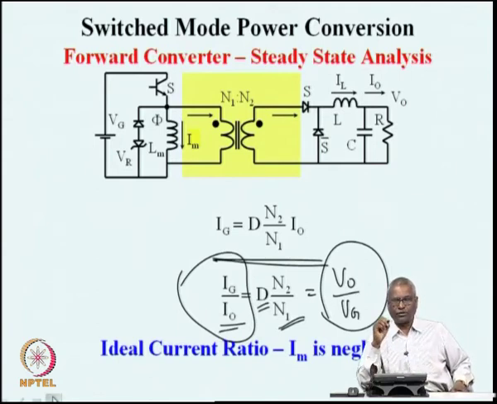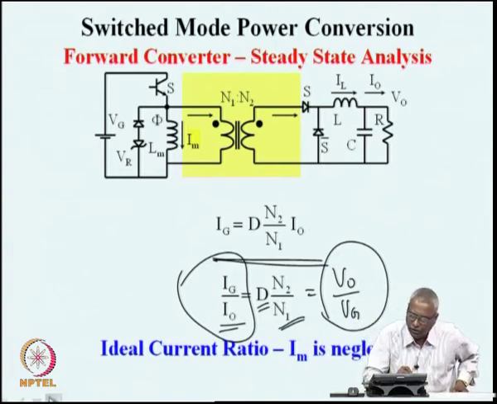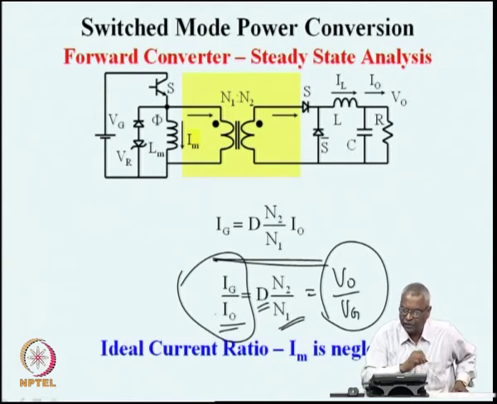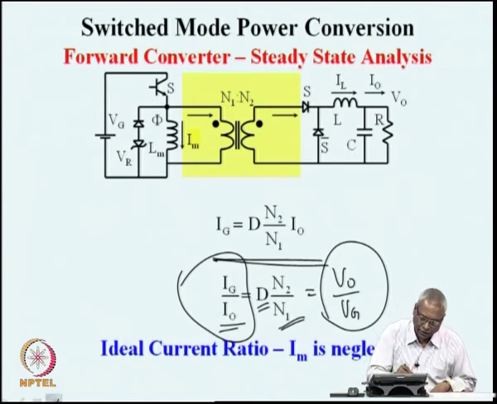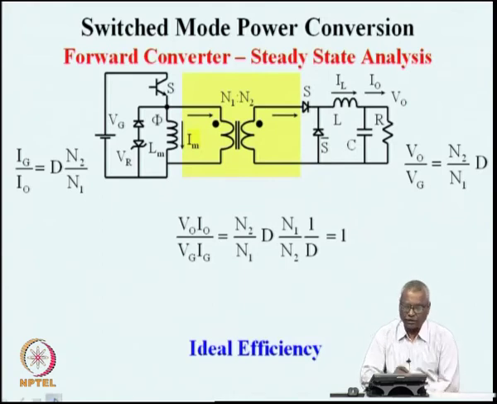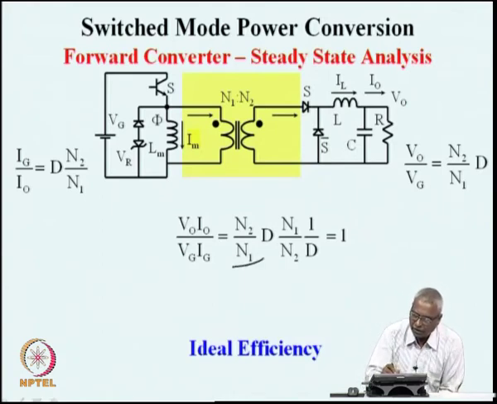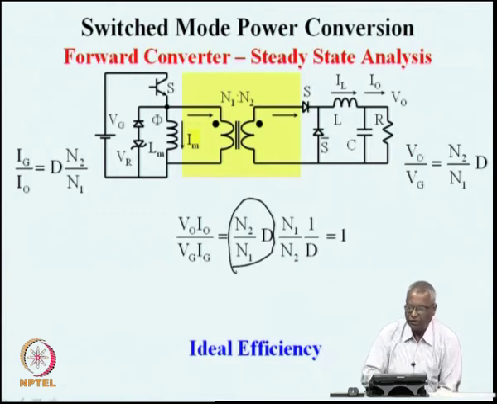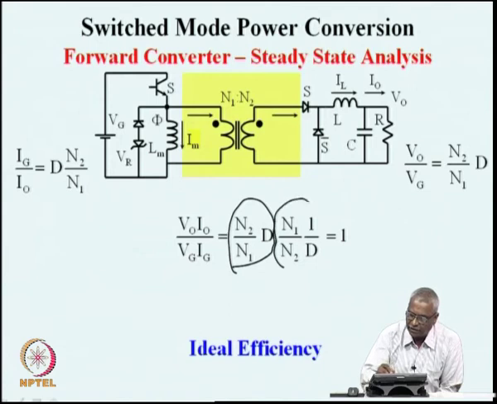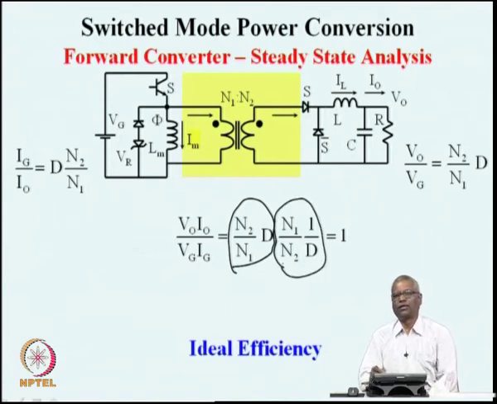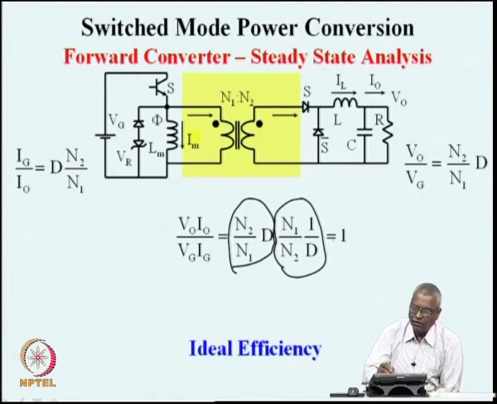The current ratio in the ideal converter is the same as the reverse of the voltage ratio, so that when you multiply both of them, you get the efficiency which is 1. In an ideal converter, the efficiency is 1, because V naught by Vg is N2 by N1 into D, and I naught by Ig is N1 by N2 into 1 by D, and when you multiply them, you get V naught I naught by Vg Ig equal to 1, and this is nothing but efficiency.